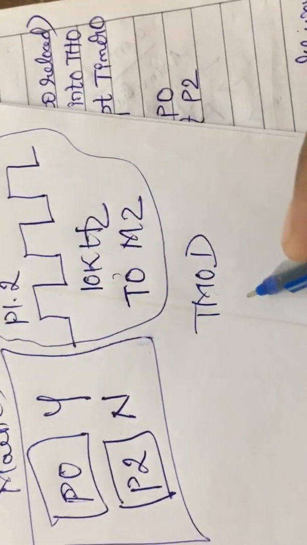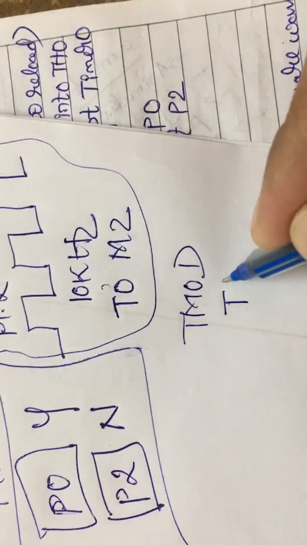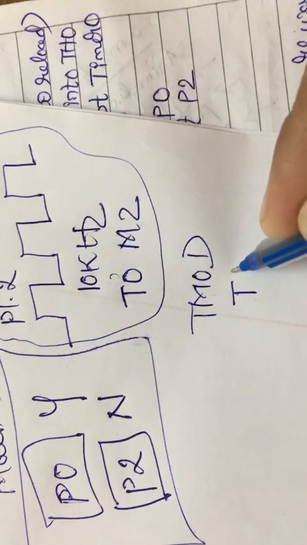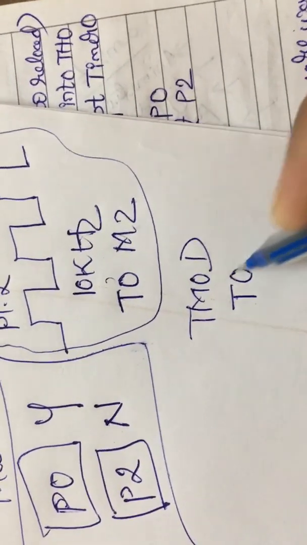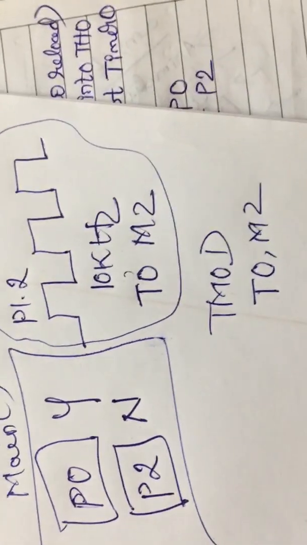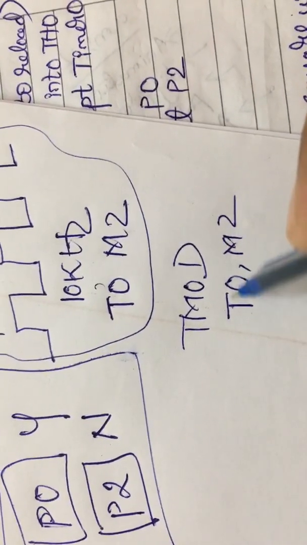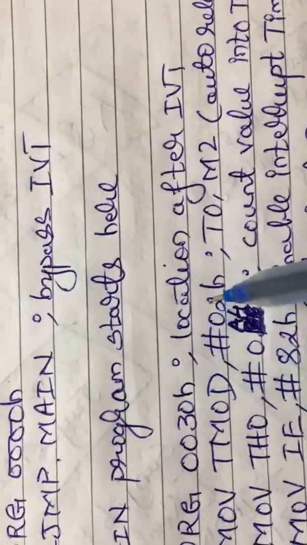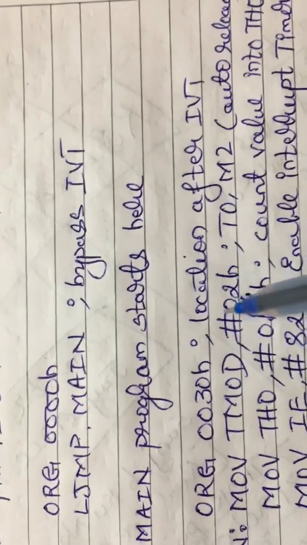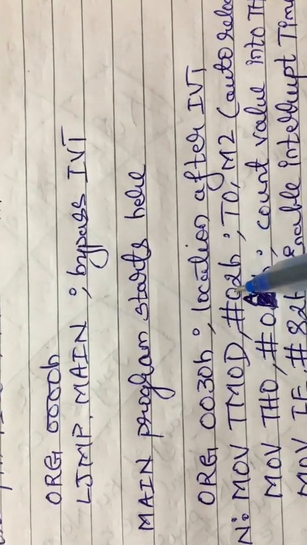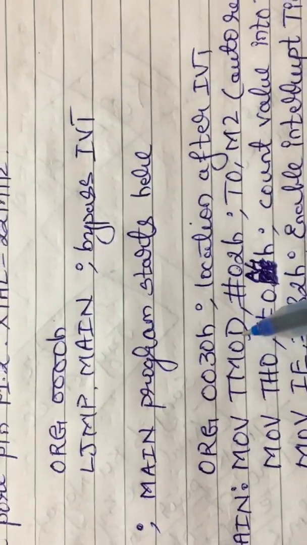In TMOD, we need to show the controller which timer is being used and in which mode we are. We are using timer 0 and mode 2. Put these two values inside TMOD, and you will get #02H. You can check it out later, right? So that information should be given to TMOD.